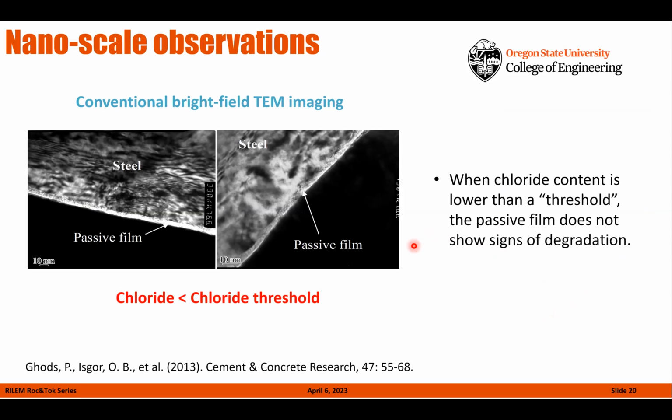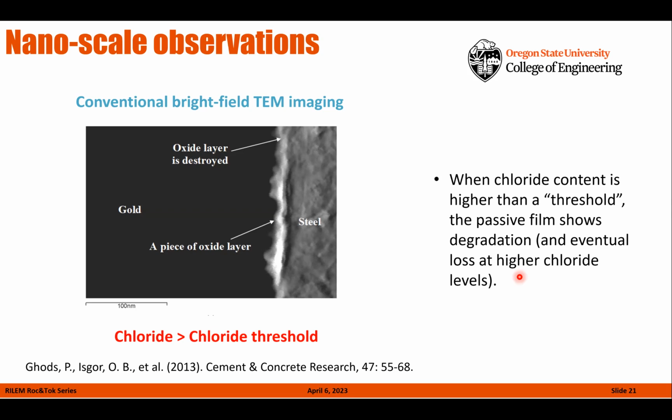You know that, for example, a certain amount of chloride would not depassivate the film, and you add that much and look at it under a microscope, and you see the passive film appearing very healthy. There is no deterioration in the passive film. So the TEM imaging shows that the passive film is not affected by chlorides below the chloride threshold.